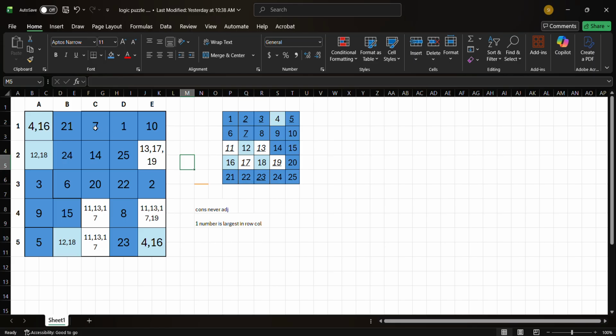So we recently got this 2. What else did we recently get? This 24.